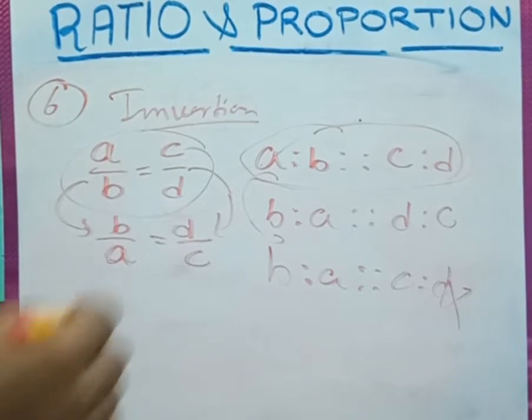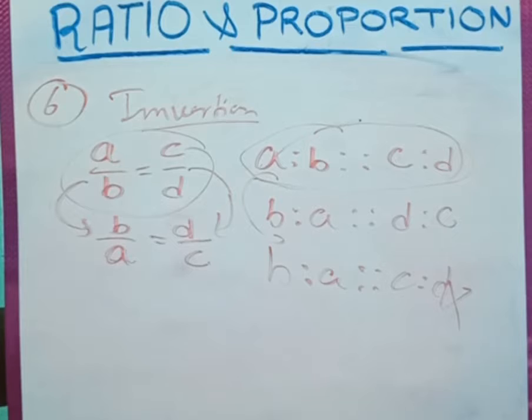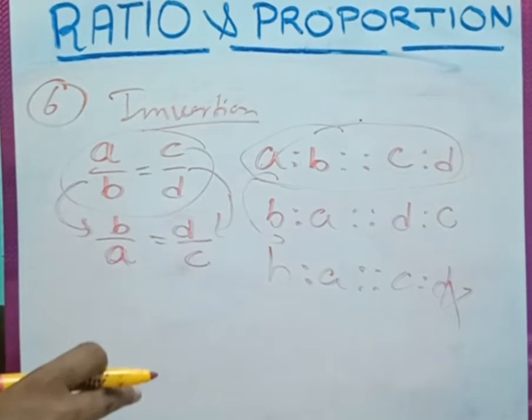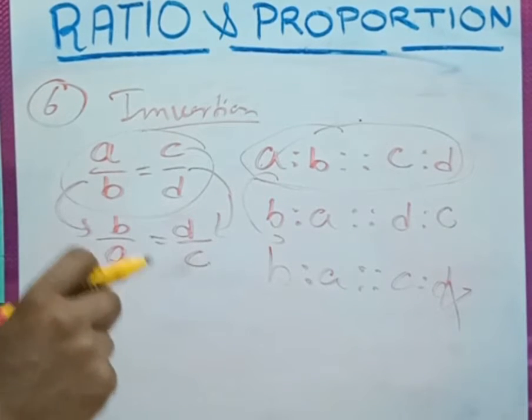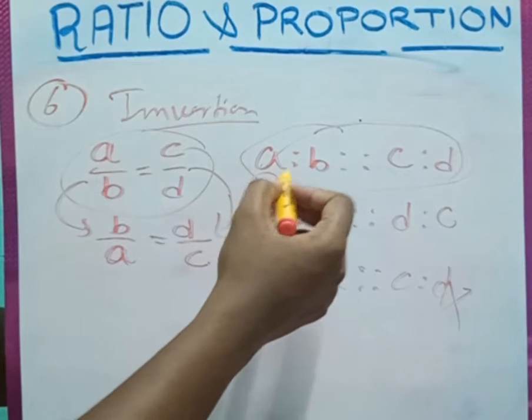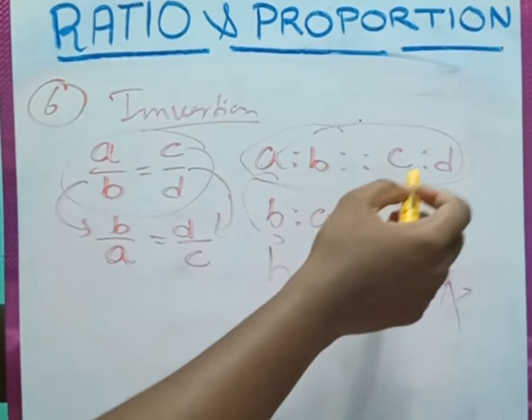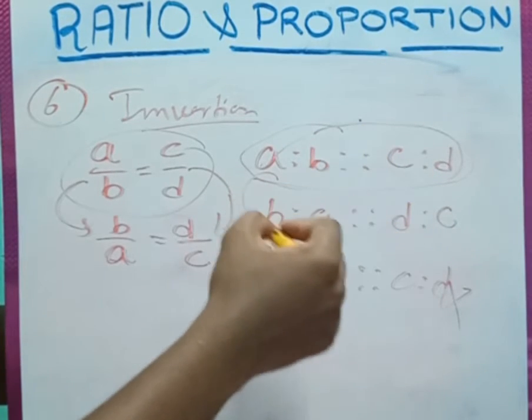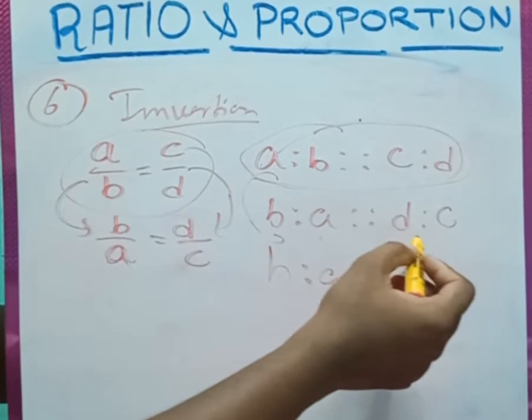Right? So we have some things called extremes and means. We will learn in the next rules what extremes and means are, including what the first proportion, second proportion, extreme proportion and mean proportion are. There you will clearly understand why we write this. But so far, please make sure that if we write a is to b is proportional to c is to d, then their inverse b is to a is also proportional to d is to c.